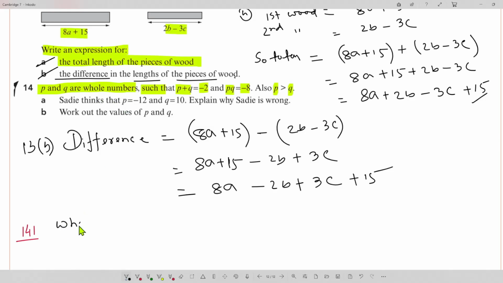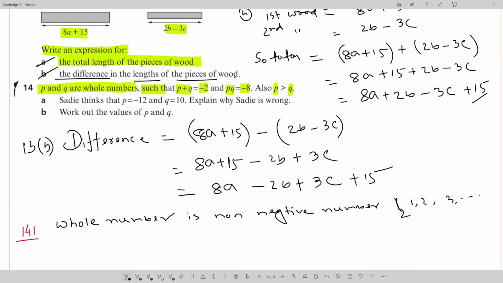A whole number is a non-negative number. It means it should be 1, 2, 3 like this.